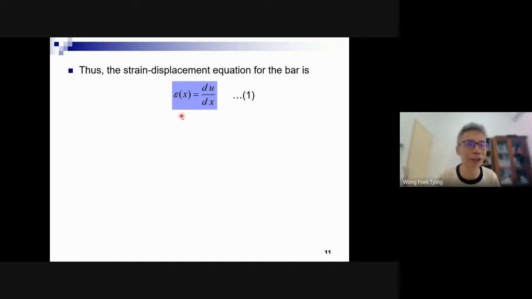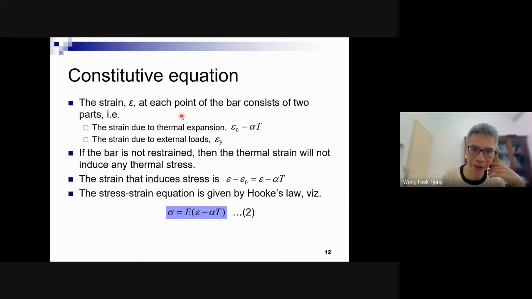Okay, the second equation, what? The second sila, the second basic principle. Constitutive equations, yes. Here, I want to include the effect of temperature. The strain consists of two parts.